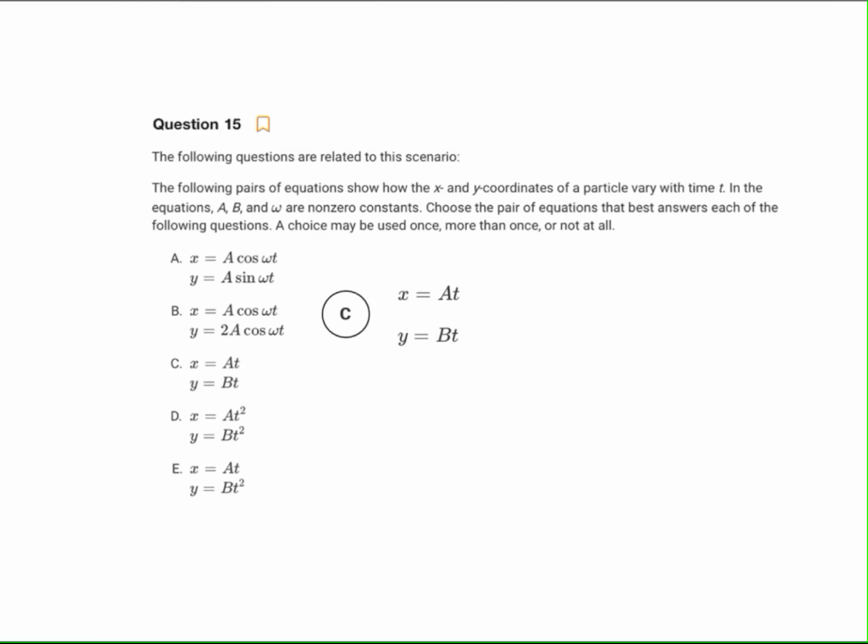The question, if I remember correctly, was that the object is moving with a constant velocity in both the x and the y direction. If it's moving at a constant velocity in both directions, the displacement has to be solely based on t. It has to be a linear function of t. So every second that goes by, it's covering the same distance. Same thing here: every second that goes by, it has to be covering the same distance.